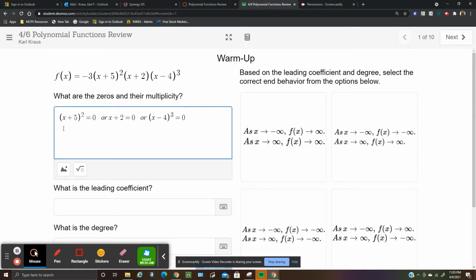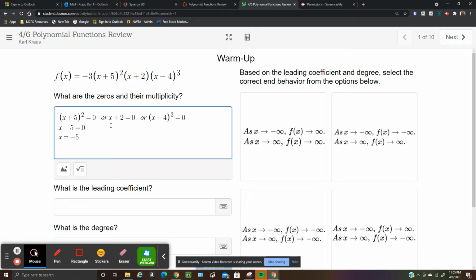So taking the square root here, get the cursor on the next line. Take the square root of both sides. You have x plus 5 equals 0. And then subtract 5 from both sides. X is negative 5.